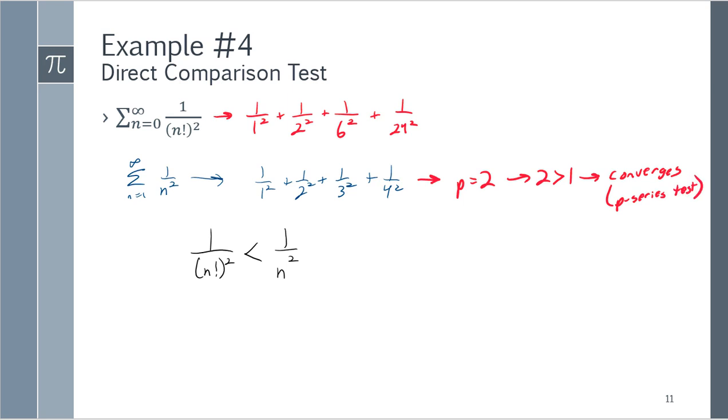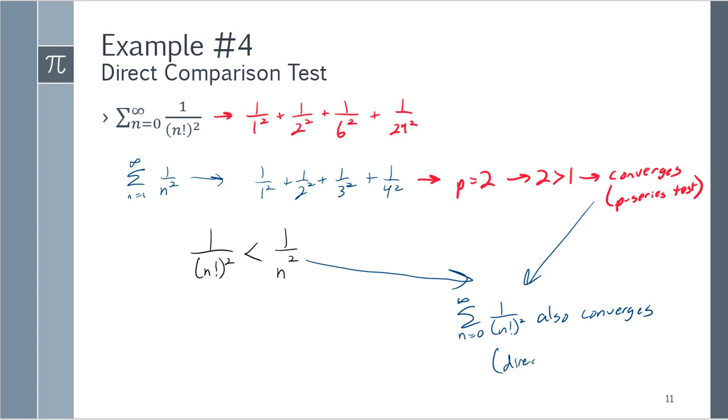And then, since the blue series converges and the red series is smaller than it, my series, n equals 0 to infinity of 1 over n factorial squared, also converges. And that would be by the direct comparison test. Very, very powerful, but it can be tough to get used to knowing what I should compare to.